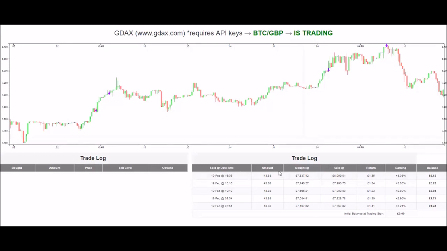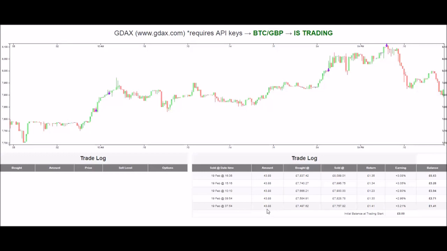And then we've got the trade log. So these are the 1, 2, 3, 4, 5 trades that it's done for us for the past 18 hours, I suppose. This was the first trade that closed at 5 to 8 my time this morning. It was trading with £43.88.